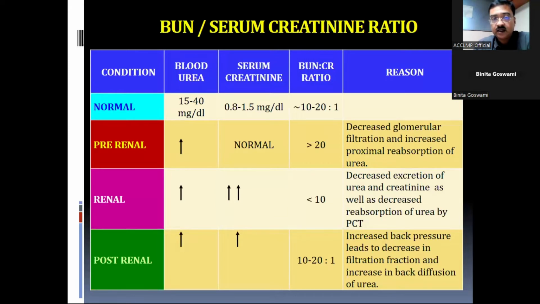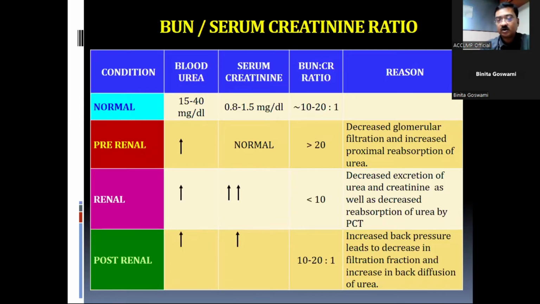In the condition where BUN or creatinine are raised, it is because the kidney condition is poor. The kidney cannot cope with the filtration properly and the waste products are retained. Now what happens in a pre-renal condition? Pre-renal means the insult has happened before the renal function starts.